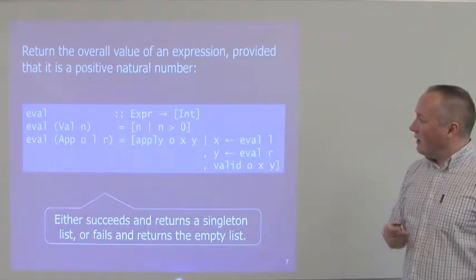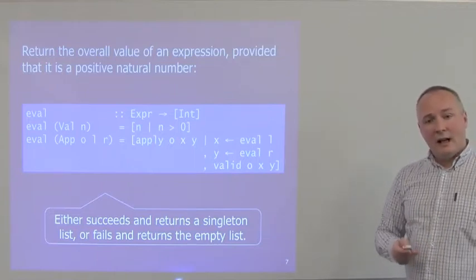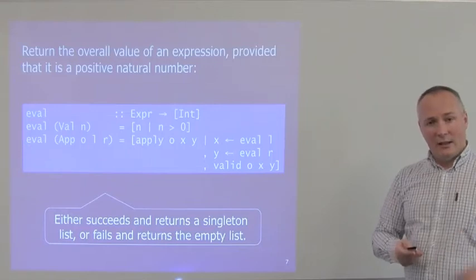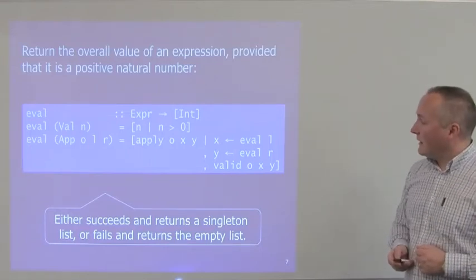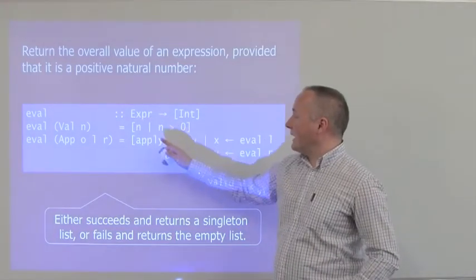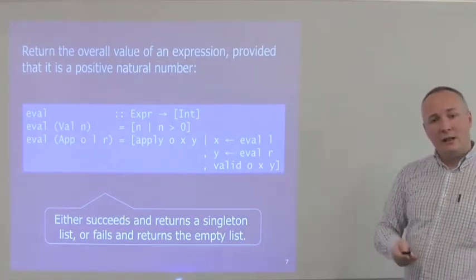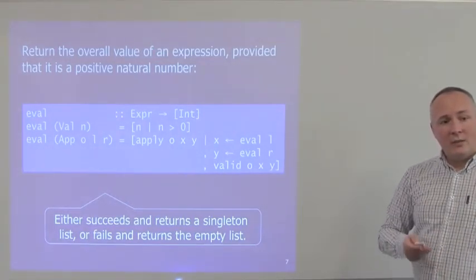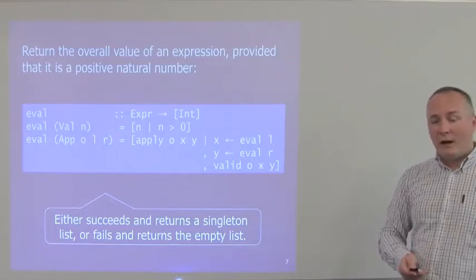Okay, so the next step is we're going to think about evaluating an arithmetic expression in our data type to give a number. So we'd like to write an evaluation function, and it's going to take an expression as input, as we would expect, but it's got a bit of a strange output type. We might expect it to just return a single integer, but here it's actually returning a list of integers. So why is this the case?